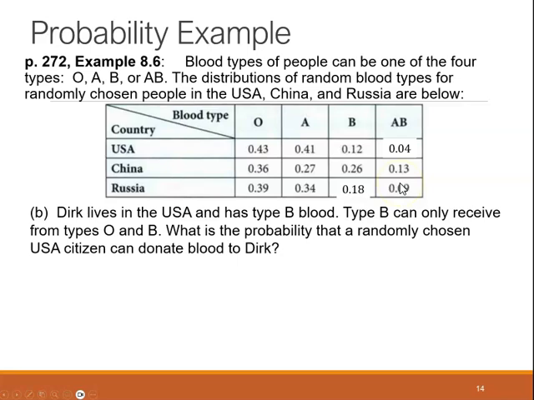Okay. Dirk lives in the US and has type B blood. Type B can only receive from types O and B. What is the probability that a randomly chosen citizen can donate blood to Dirk?